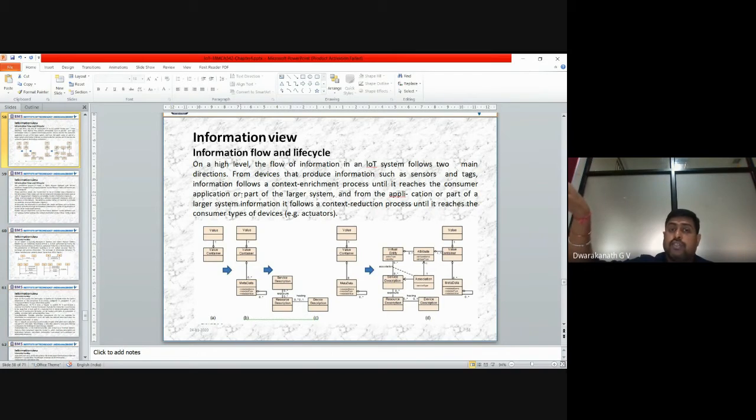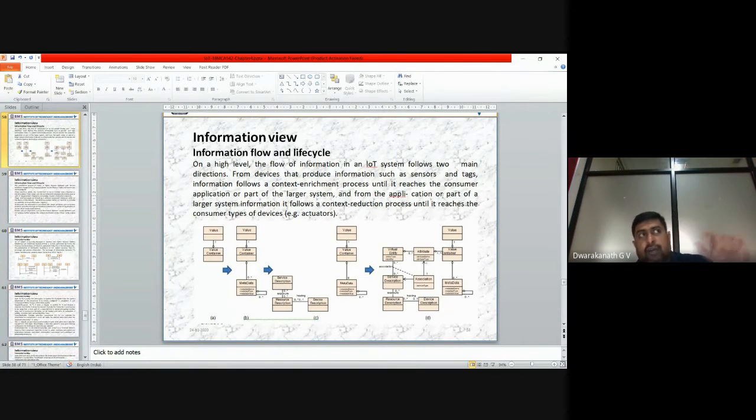Once the dryness is more, I need further actions. So when it crosses the threshold, automatically the information comes to the consumer, meaning a notification is given to the user that motor one is to be switched on. Why? Because there is dryness.